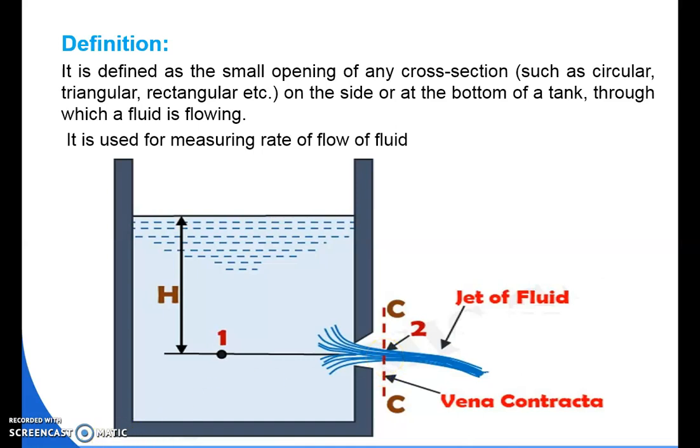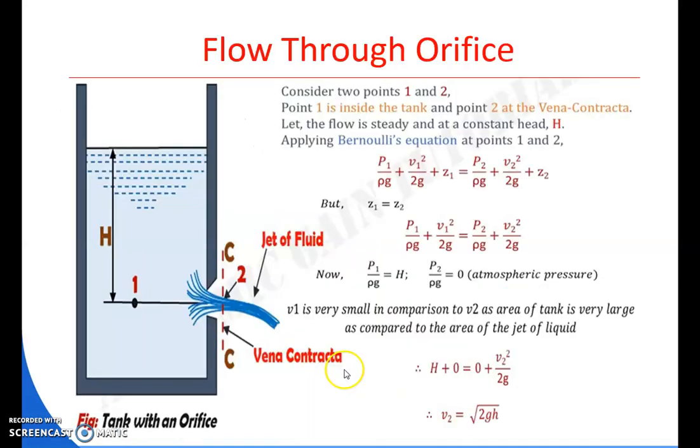Let's consider how Bernoulli's theorem is applied to measure the velocity of flow. There are 2 points, 1 and 2. The jet of fluid is the high velocity water coming out from the orifice. Point 1 is inside the tank, and point 2 is at the vena contracta, as I have already told you.